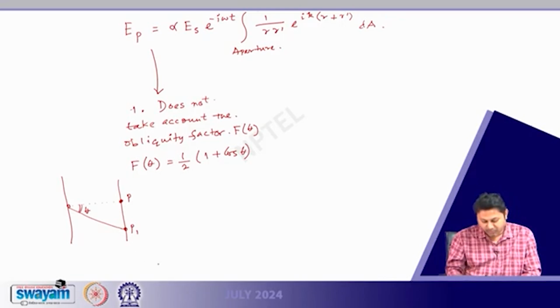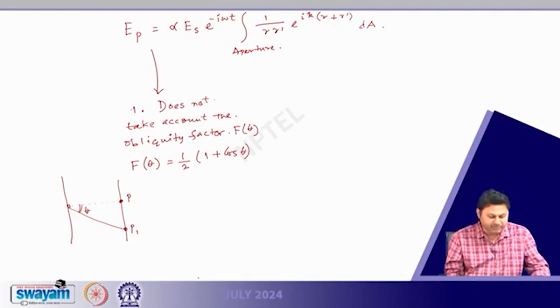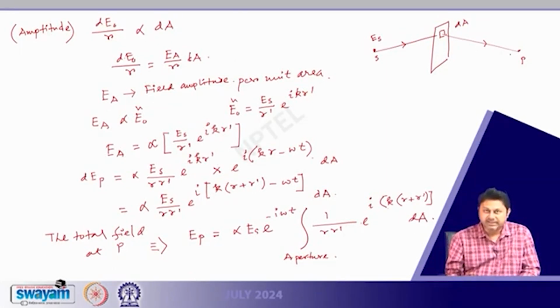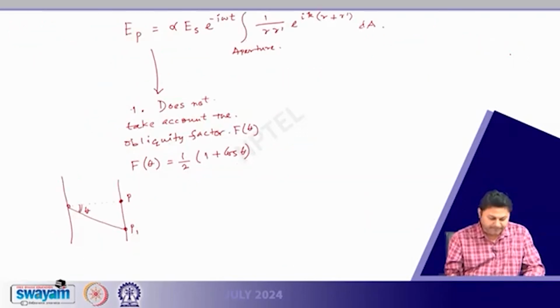If I move to wider and wider angles, this value keeps changing. That value is called the obliquity factor, and we neglect it in this calculation for simplicity, although that is not essentially the case.